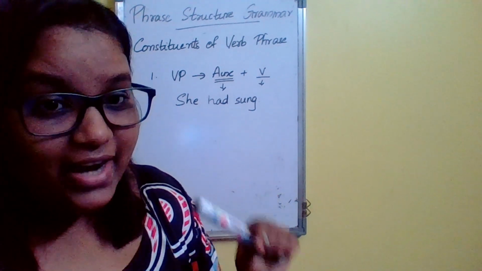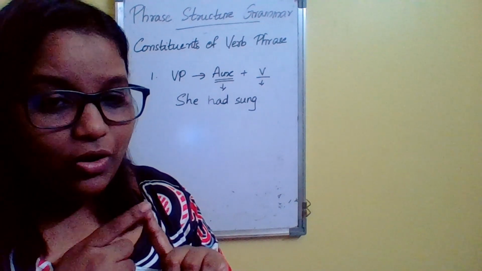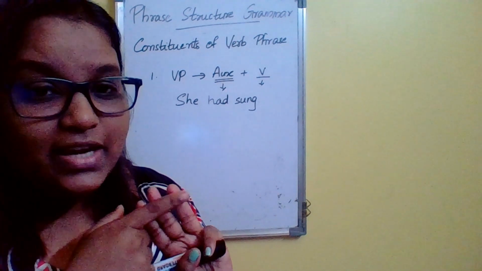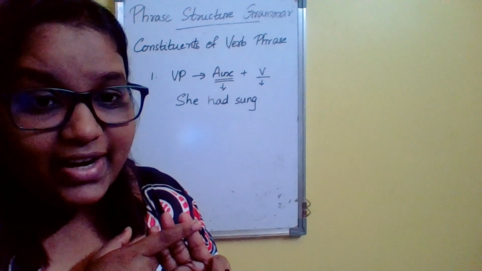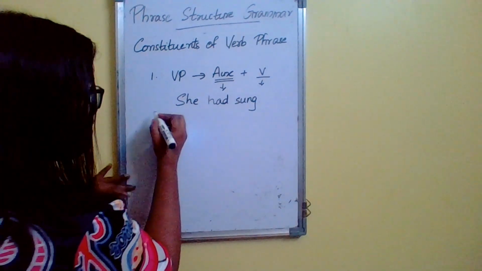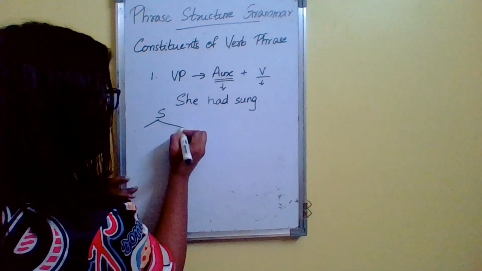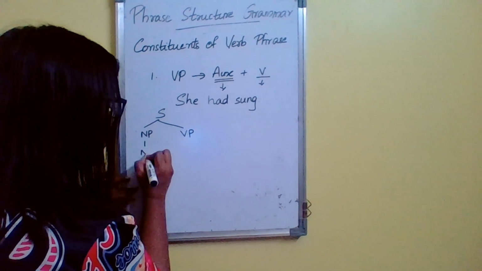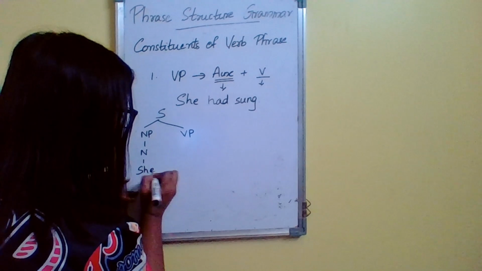So the third possibility of auxiliary, let's do a simple example for that. She had sung. So we already did she sings, she can sing, and now the third one is she had sung. Okay, let's do a tree diagram analysis. S is equal to NP plus VP. NP is a noun. She.